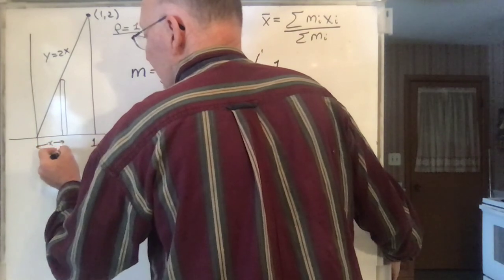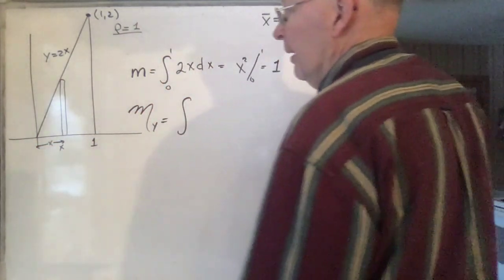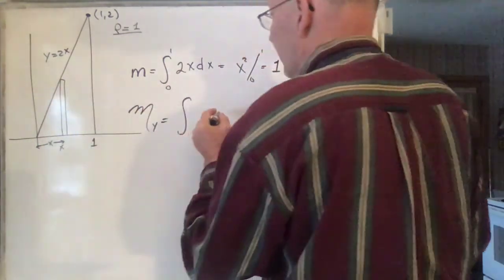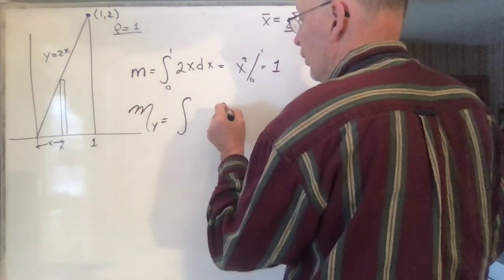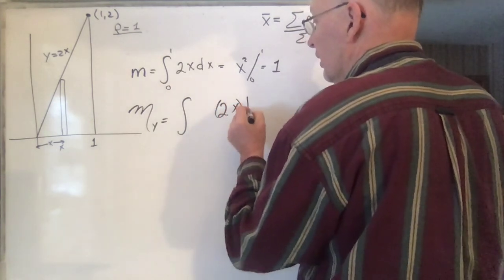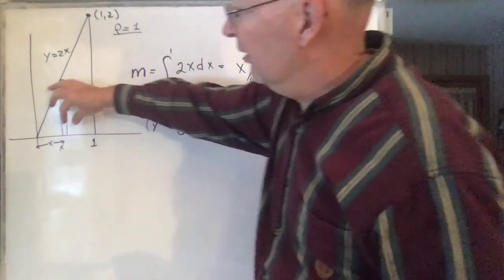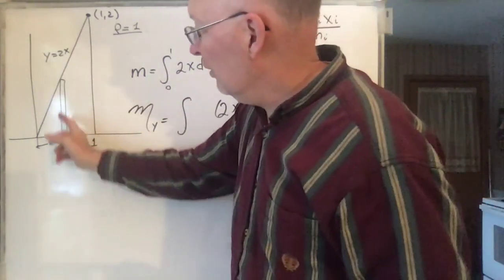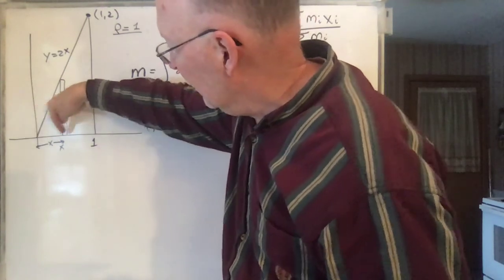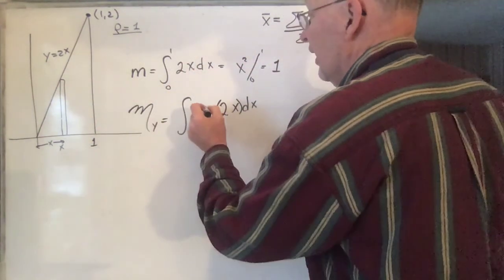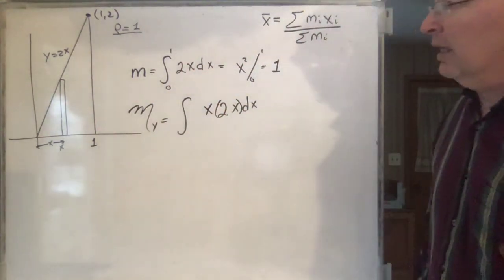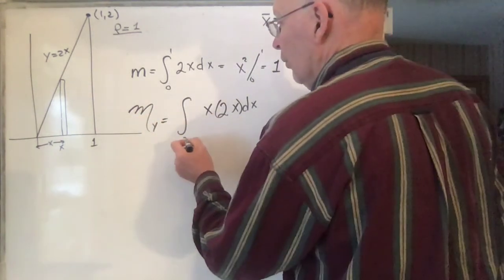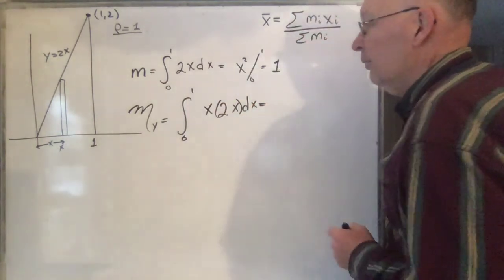See that? I'm a distance x away right there. The mass of each one of those things is the 2x, there's the height of it, times dx. There's the area of that rectangle right there. And now I take that mass and multiply it by the distance away, which is another x right there. And so I add up all those contributions from 0 to 1.